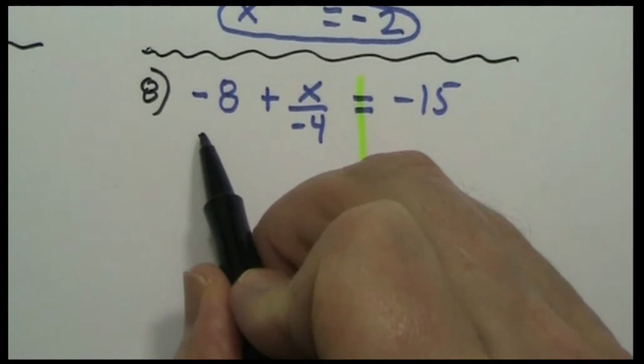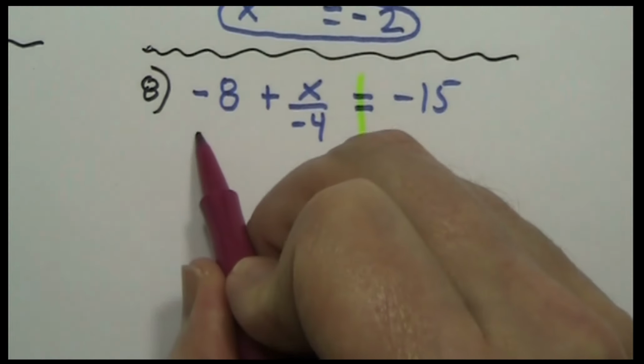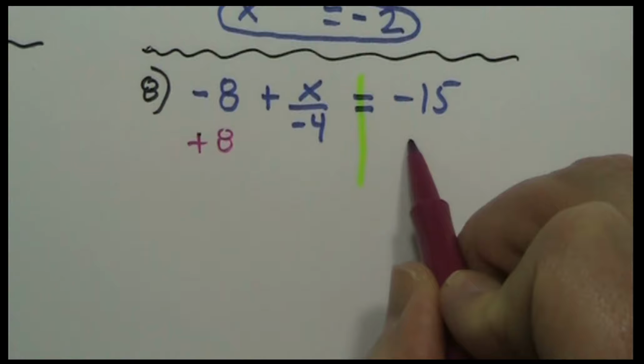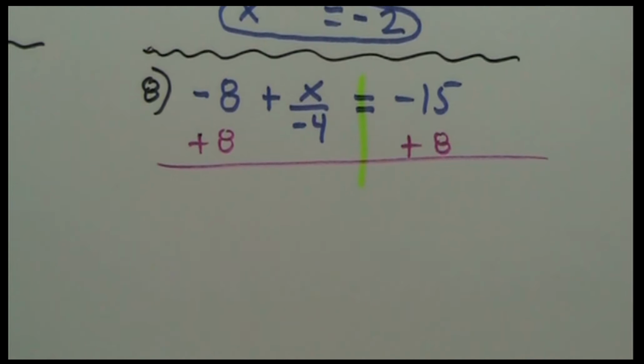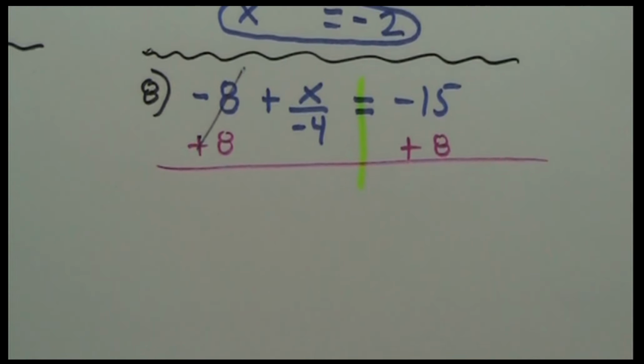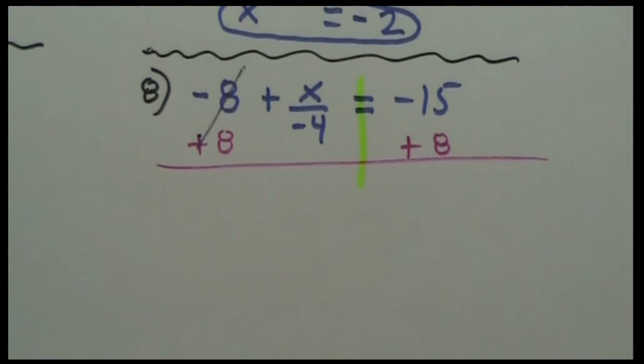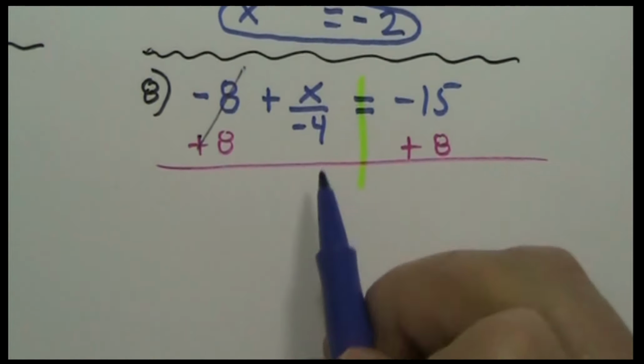So I'll add 8. Oops, different color. And this is gone. That makes 0. And you are left with just this, x over -4.